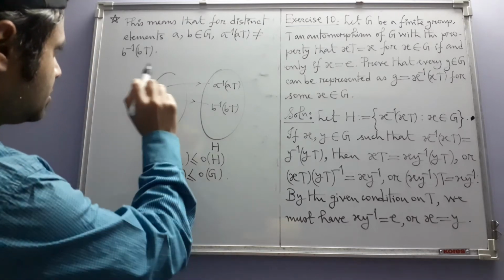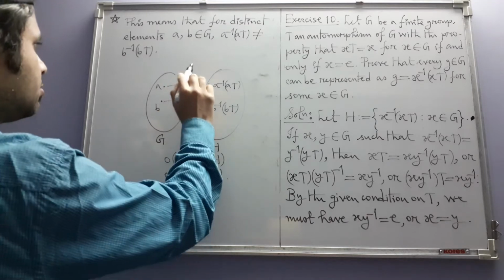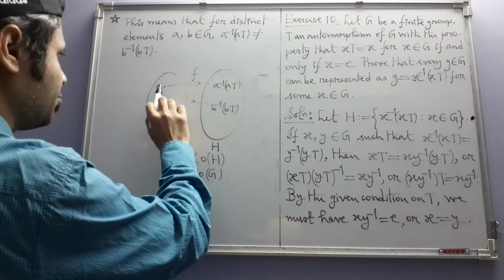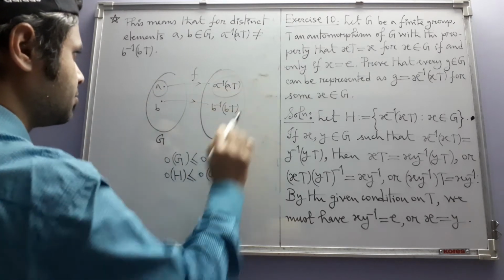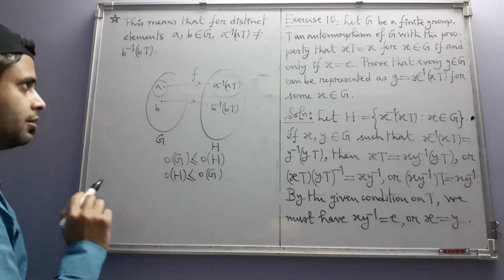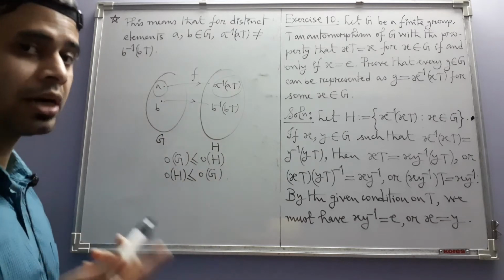Now what I was saying here is that one can now set up a function from G into H that maps an element A onto this element. The function will be clearly well defined, and what we have shown here is that the function is one-to-one.